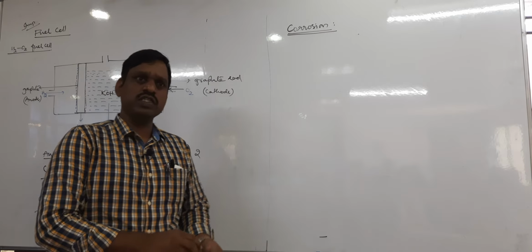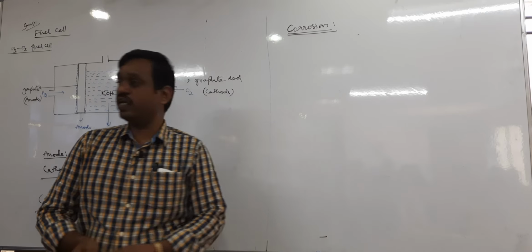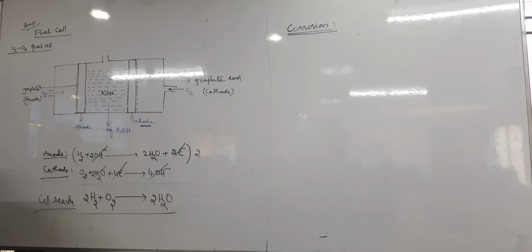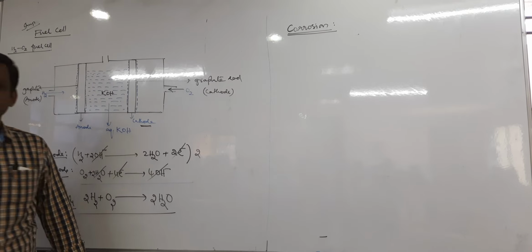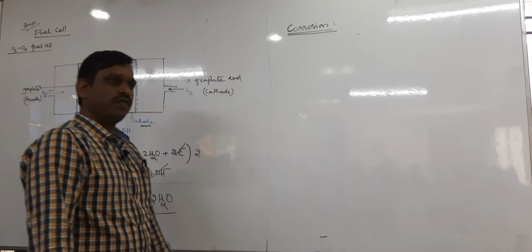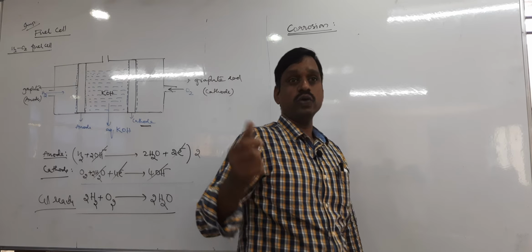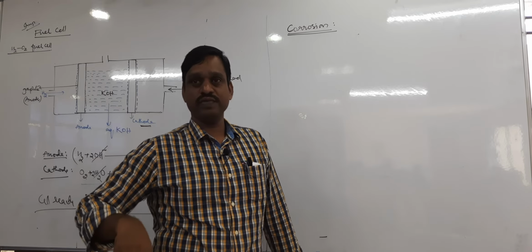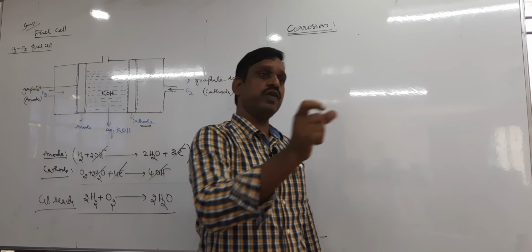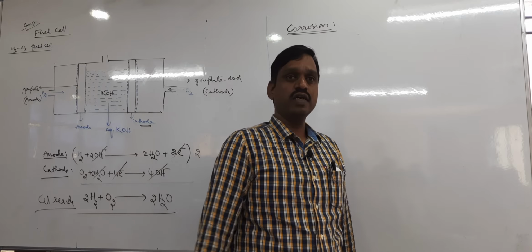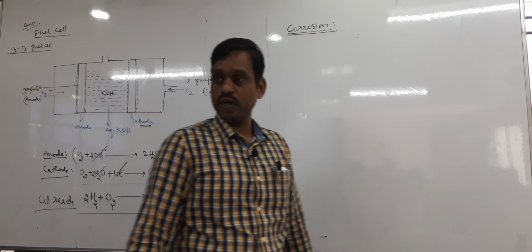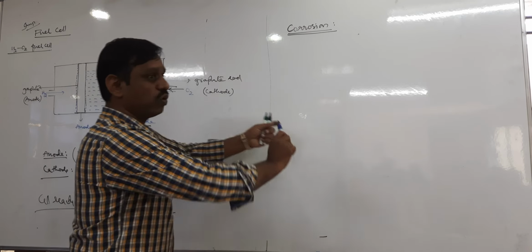Actually corrosion is a general topic, like environmental issues we could have studied it in. But this corrosion is related to electrochemistry. That is the relation between corrosion and electrochemistry, which we will also study in chemical reactions. Okay, fine. So what is corrosion?